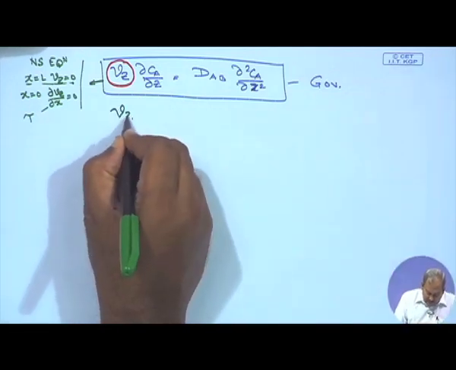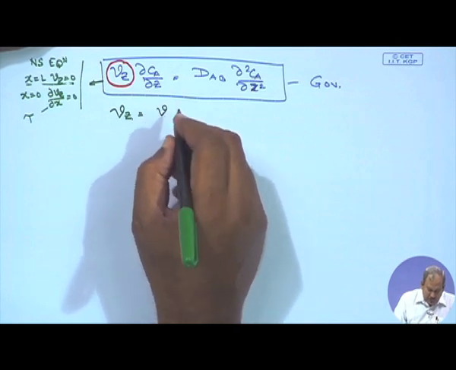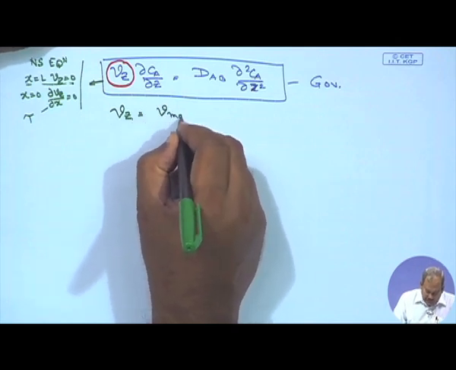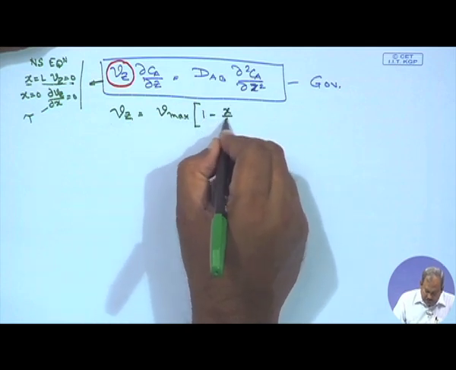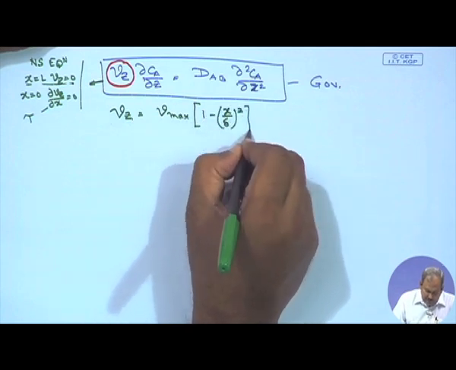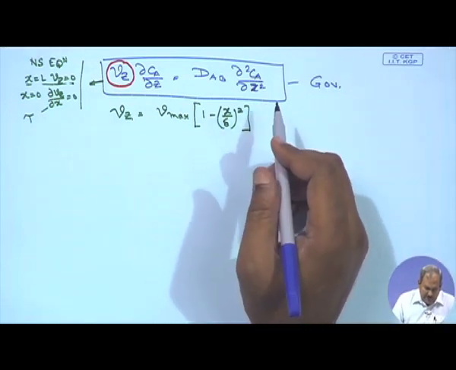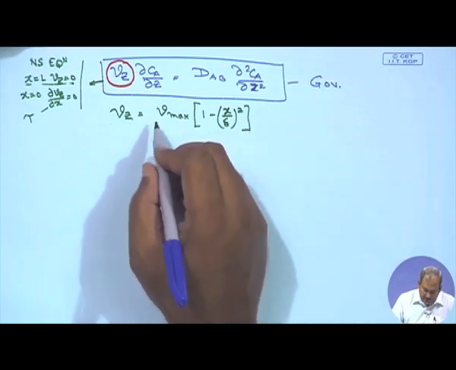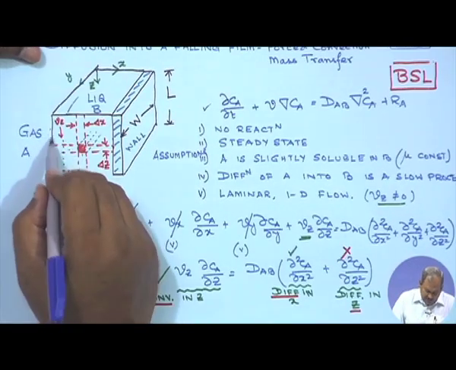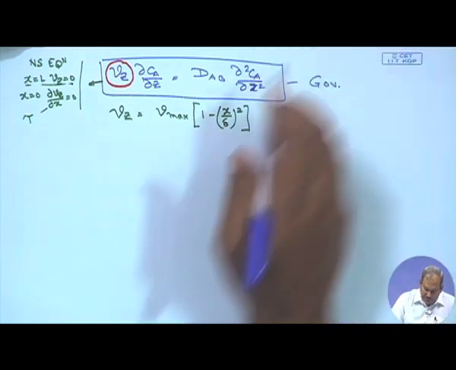For such a case Vz is going to be equal to Vmax times a parabolic distribution, 1 minus x by delta whole square, and this Vmax is the maximum velocity. The expression for Vmax is provided, and I will not go into that once again.